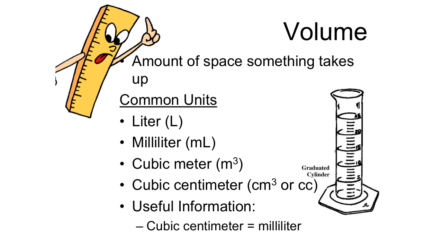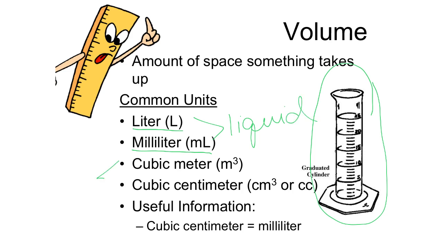All right, a lot of times in lab, we will be measuring volume. Typically, we will be using a graduated cylinder to measure volume, and we will be measuring volume in milliliters. If we had a larger amount, we could be measuring that in liters. These would be used for a liquid.